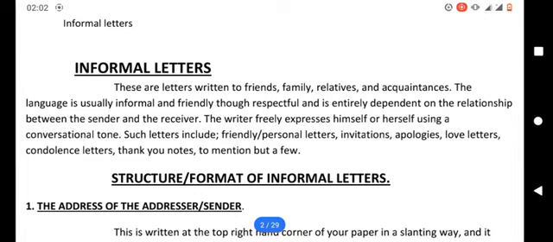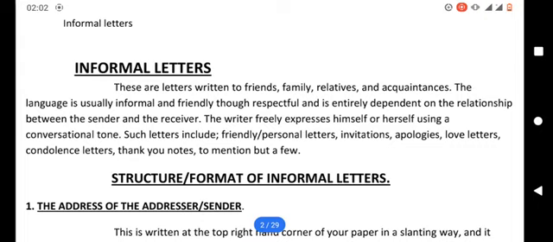So for today, as I told you last time, I am going to show you samples of the two letters. I'm going to give you a sample of an informal letter as well as a sample of an official letter.